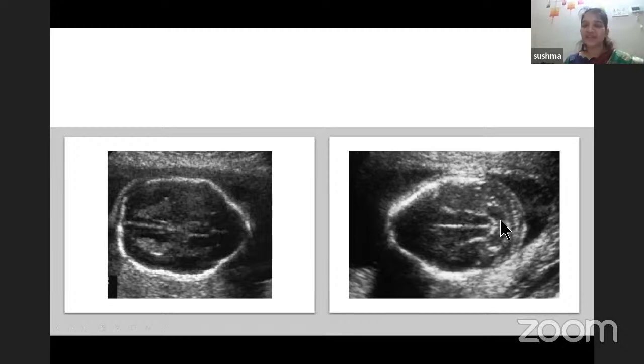So what is the significance of these signs and why do we get them? As Dr. Alka has answered, open neural tube defect. In cases of spinal neural tube defects like open spina bifida, cerebrospinal fluid is drained out and the neural tube is dragging down and pulling down the posterior fossa structures.